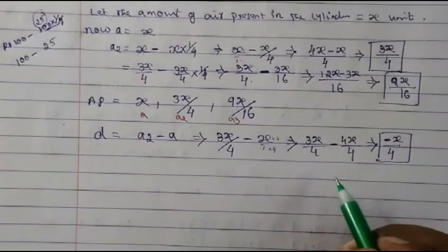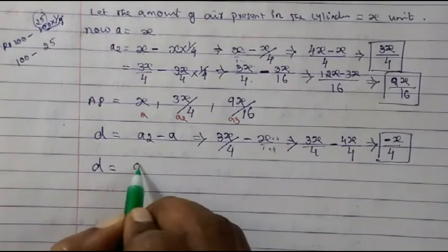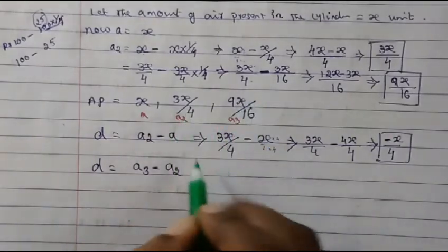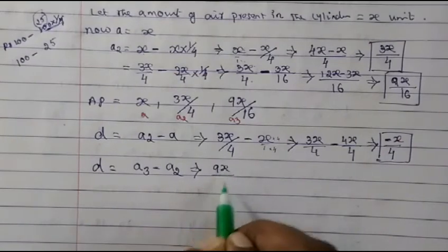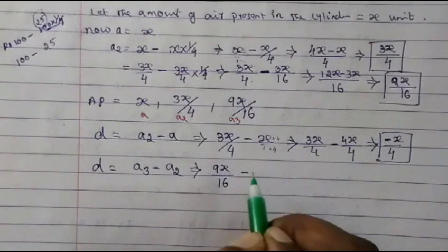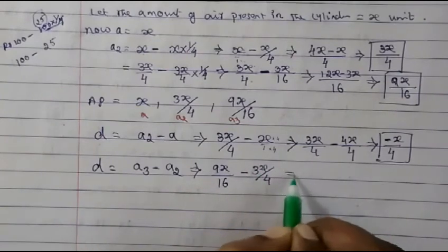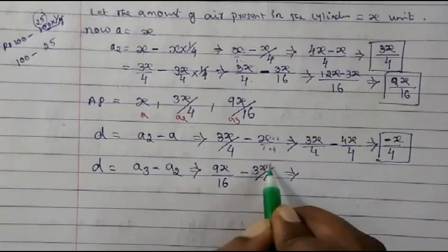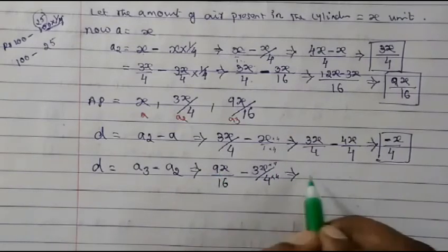Now the next. D from A3 minus A2. A3 is 9x upon 16, minus A2, which is 3x upon 4. Now the denominators are different, so to get the same denominator we multiply by 4 and get 16.